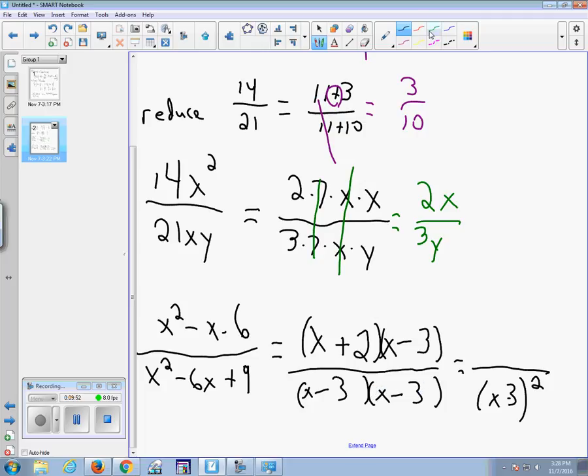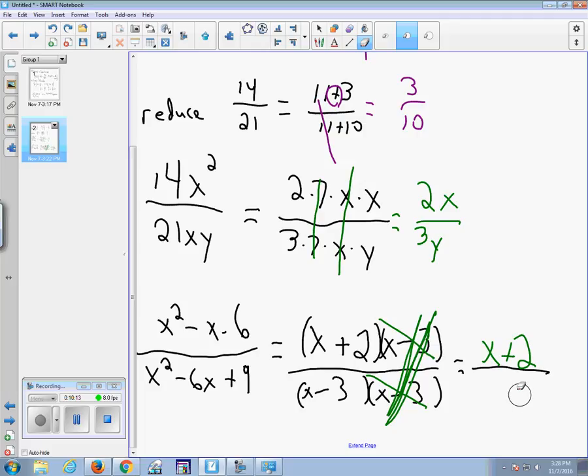But we have all these x minus 3's, right? X plus 2 times this thing, then divided by this thing. That cancels out, leaving me just x plus 2 up top and just x minus 3 on the bottom.